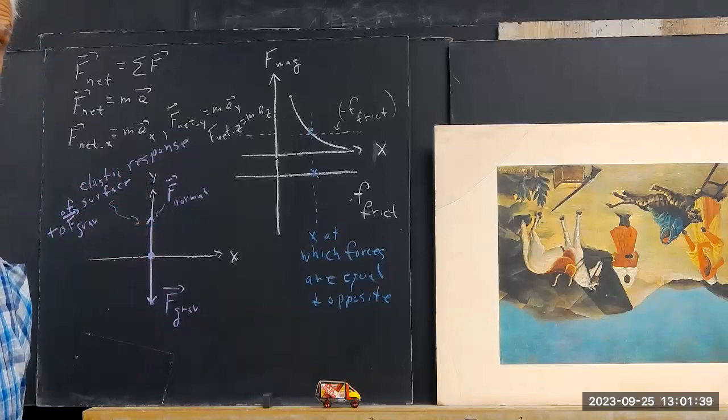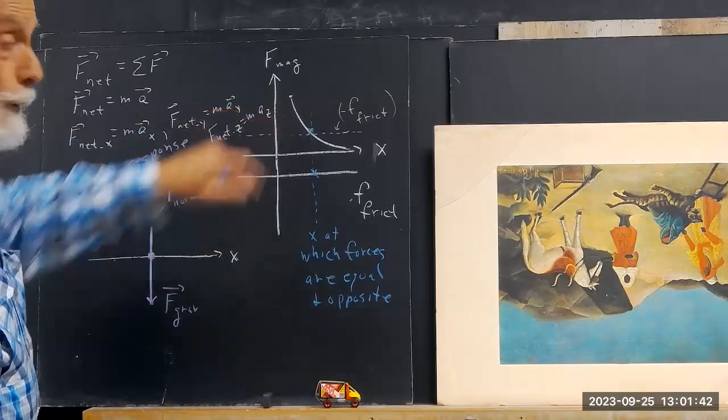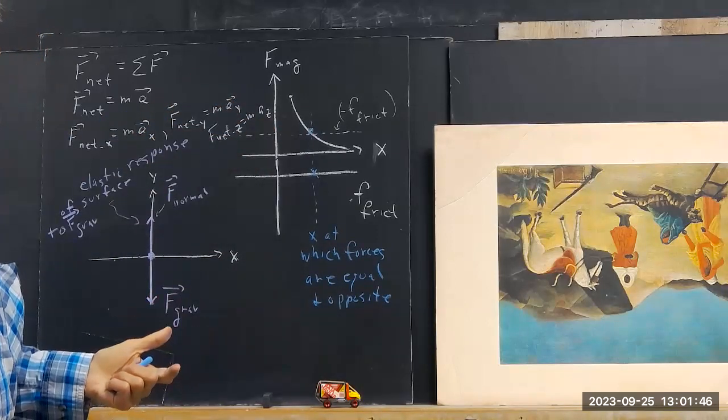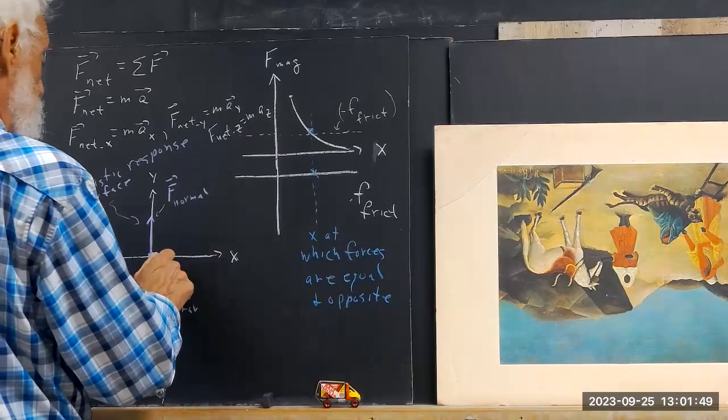Now in the x direction, what do we got? Well, we got a force. Now this is variable. So just some arbitrary magnetic force.